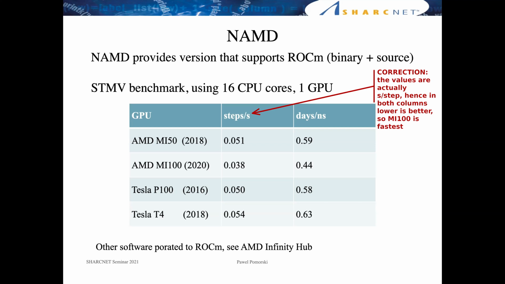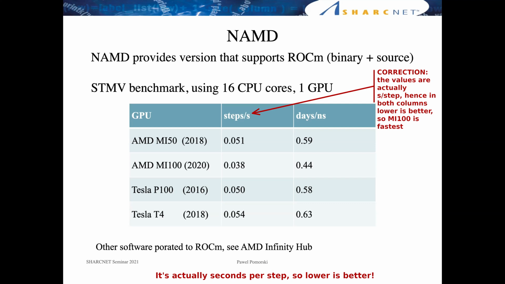I'm not sure whether this is optimal. It seems to be a little bit outdated. In particular, I'm not sure whether this fully supports the MI100 card, but at least I was able to get a code which runs. And here are the results. This is the most popular STMV benchmark, which is the standard benchmark for NAMD. Here I was using 16 CPU cores and 1 GPU. And the results are basically all in the same ballpark.